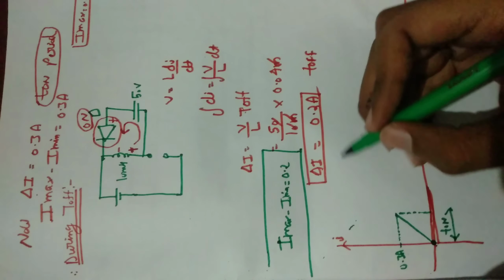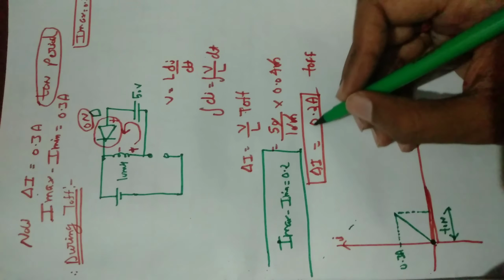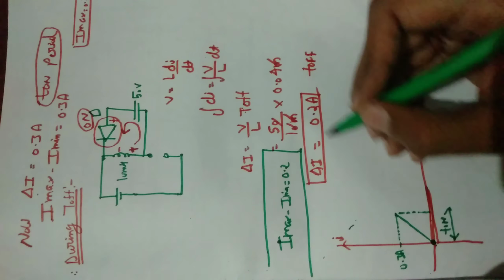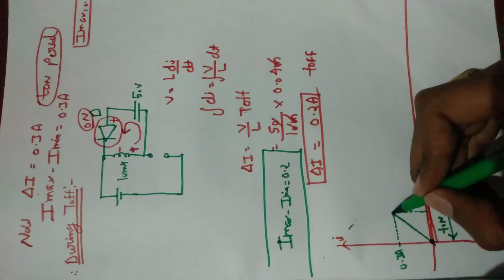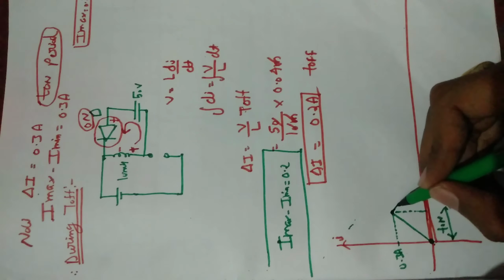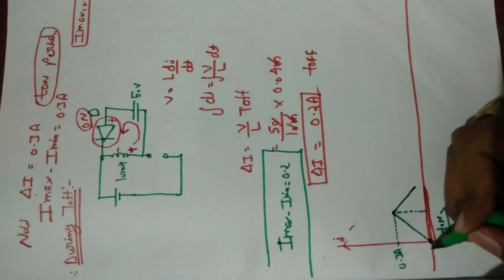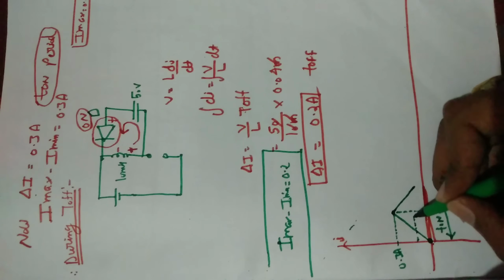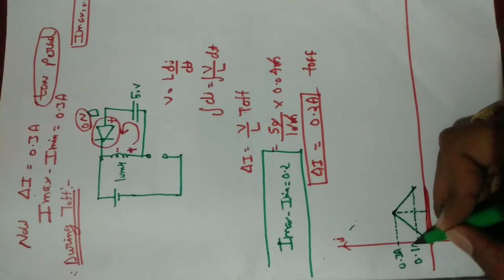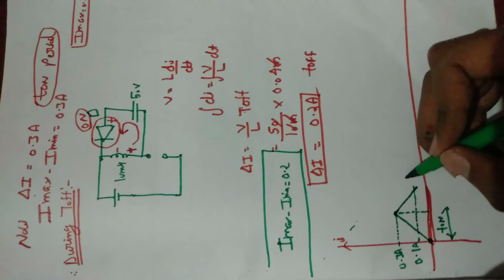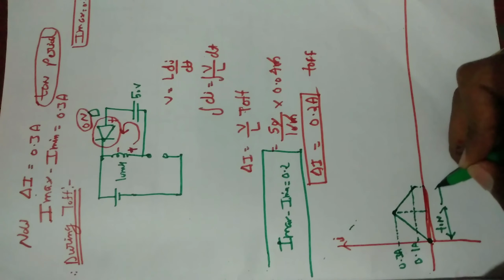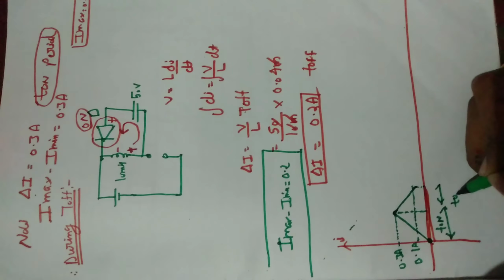So now here the current decreases, and the difference between these two is 0.2. This time is T off.